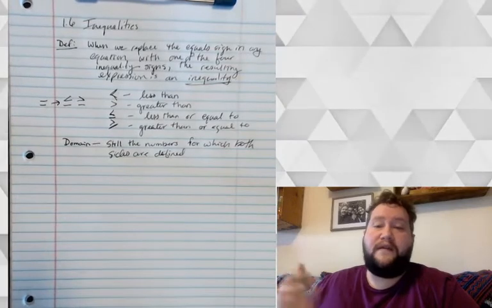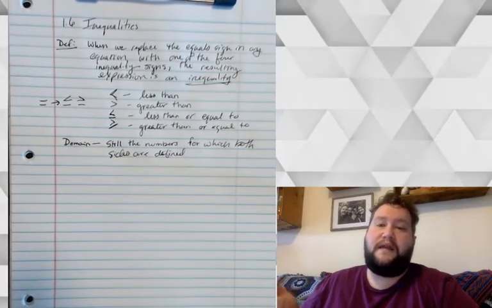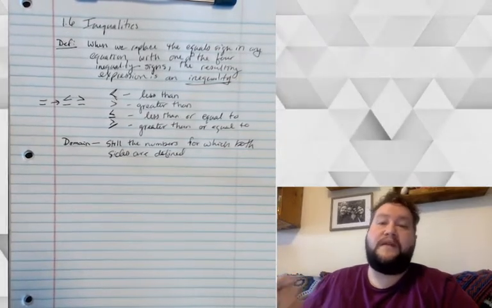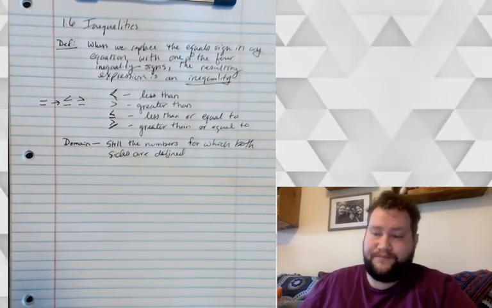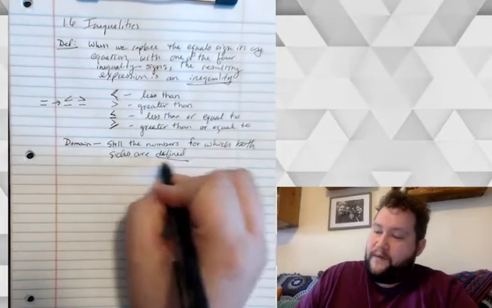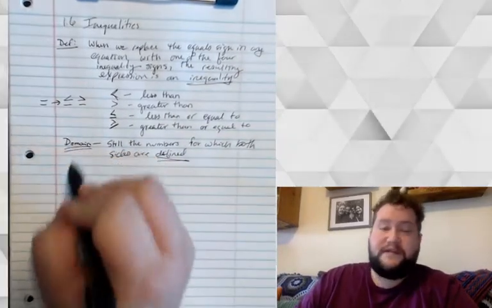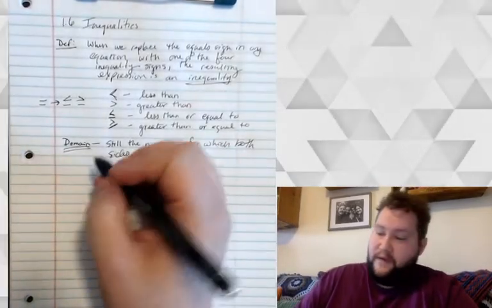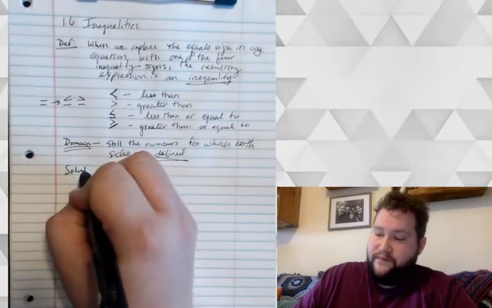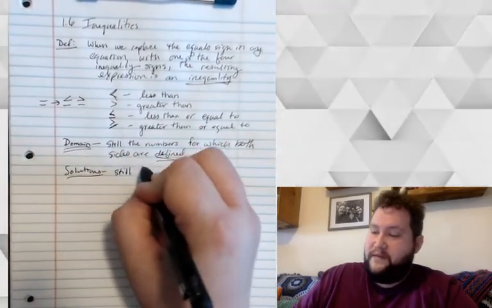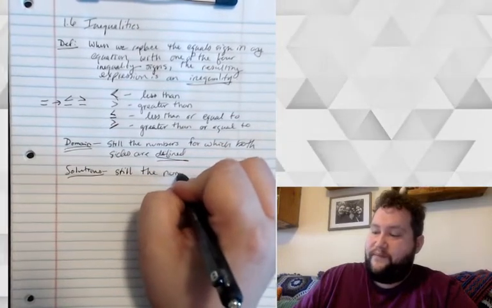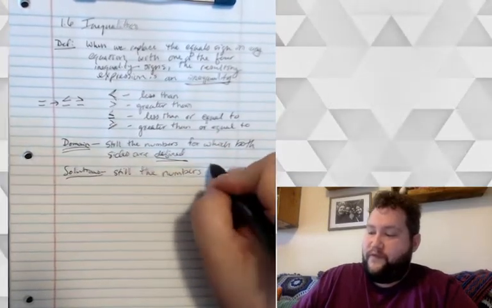Like if you had x equals 4 and you were like, well, let x equal 7. 7 doesn't equal 4, but x is still defined when it was 4. So the domain is still the numbers for which it's defined. The solutions are still the numbers for which it is true.